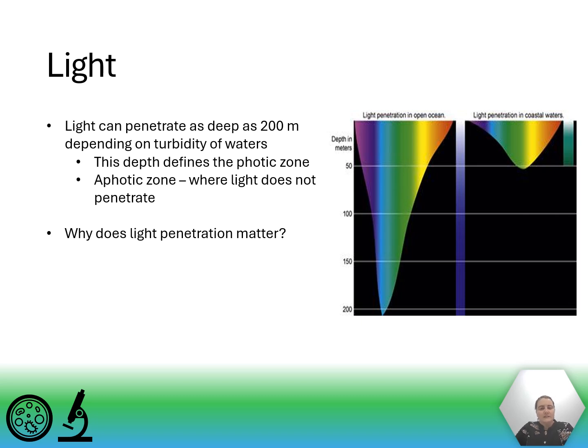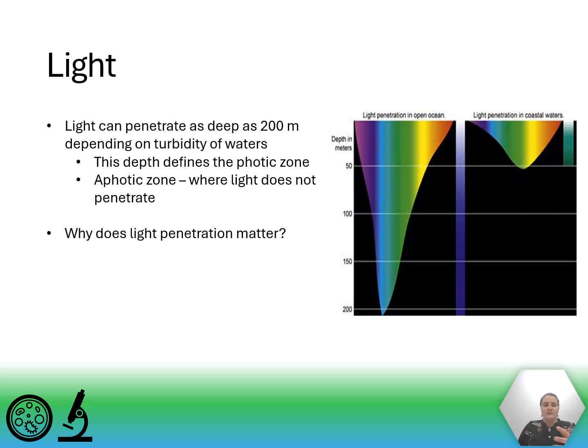There are a couple factors that I want to make sure that we talk about so that we're ready to go when we get into class. And one is light. So depending on what type of turbidity we have in our systems, light can penetrate actually quite deep, depending on what type of environment we're in and what type of water quality factors we have.